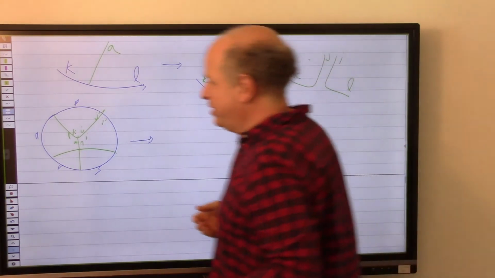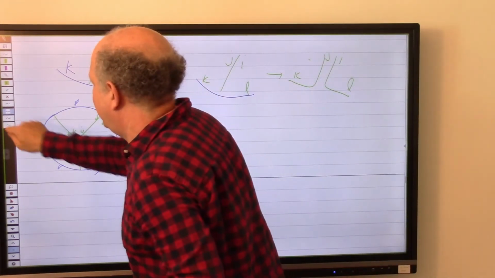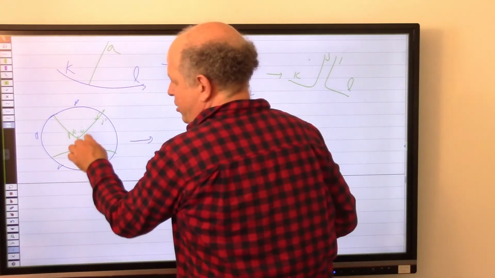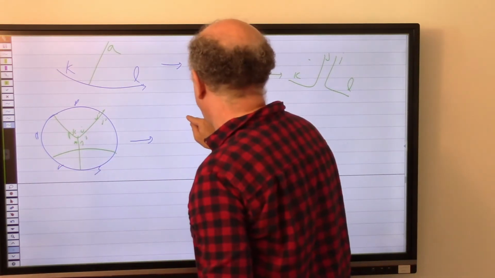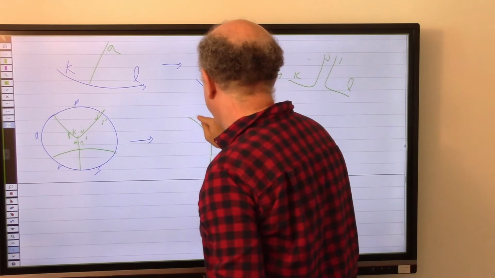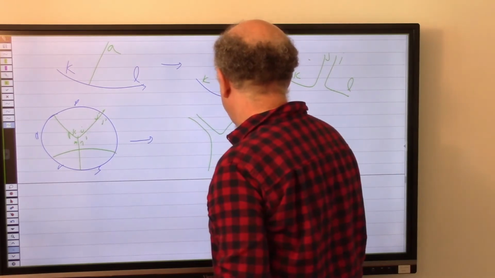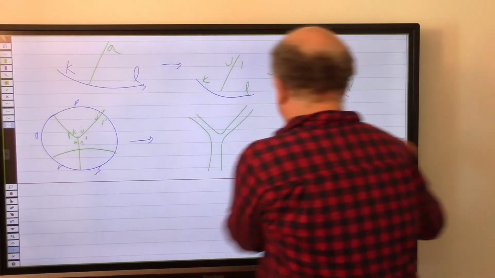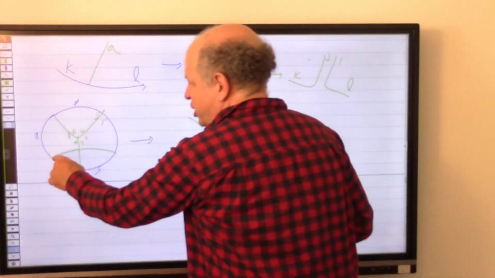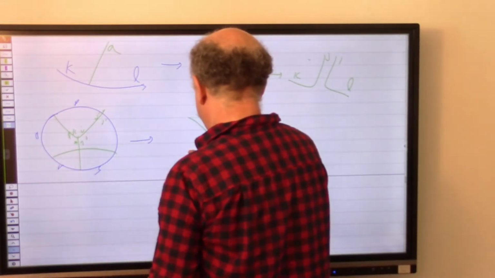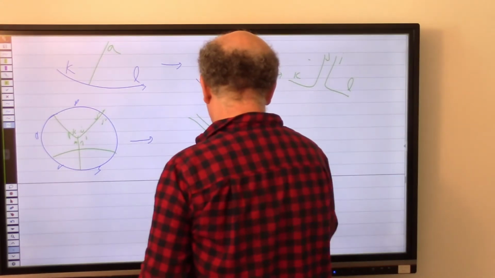So the recipes say that the vertex here becomes a difference of two things. This and the other one, which I'll write later. The edge here becomes a pair of edges.